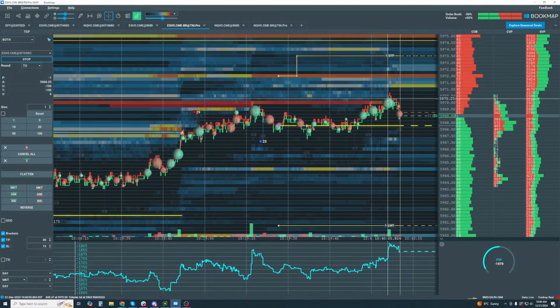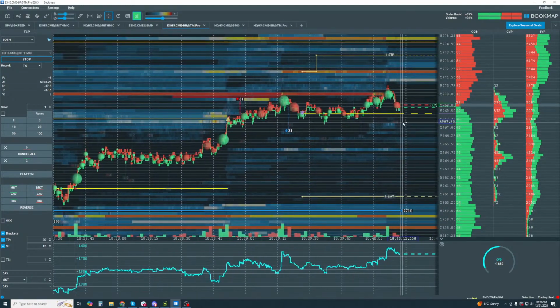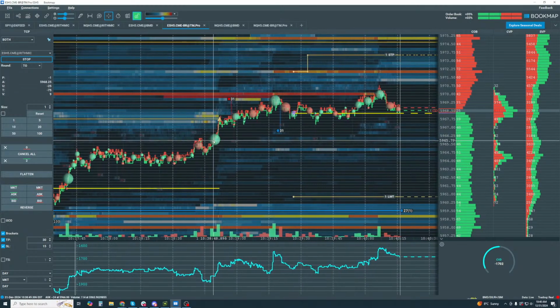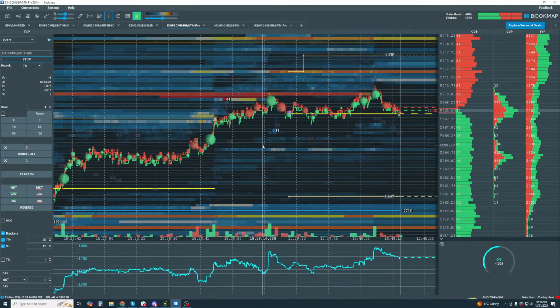Still finding buyers or not? Finding some sellers. Sellers got to get back down to this area here, 65 or so.